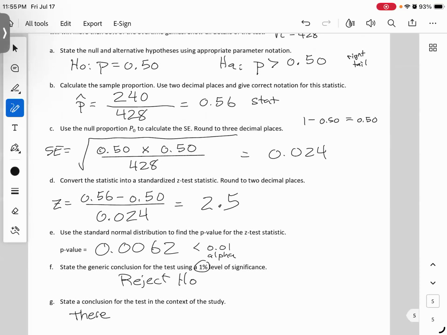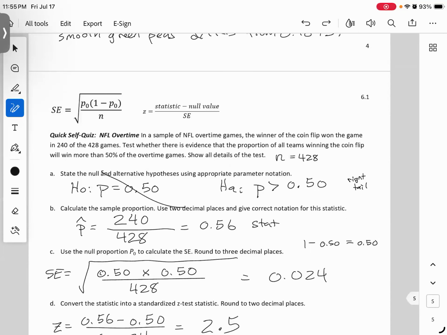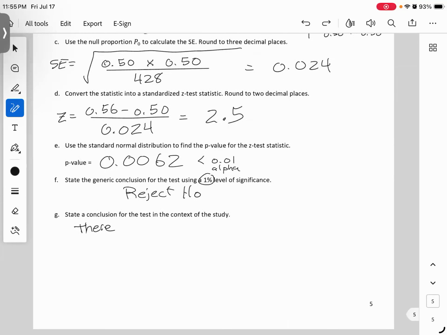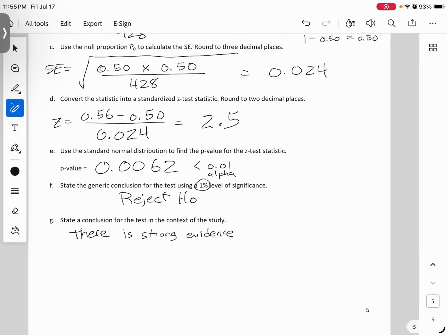So this just died, right? The idea that only 50% of the teams win the overtime if they get the coin toss doesn't seem to hold water. Now, if all you said was there is enough evidence, you're good. But because the p-value is so small, we could also say there is strong evidence. Remember, the smaller the p-value, the stronger the suggestion that it was not a fluke.